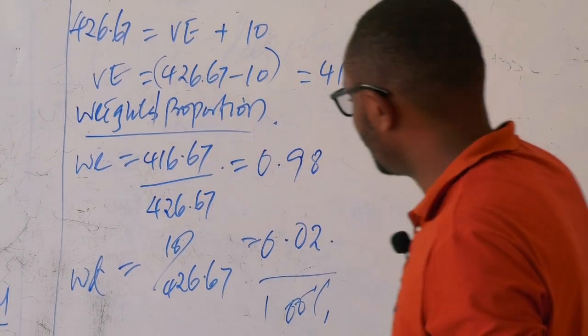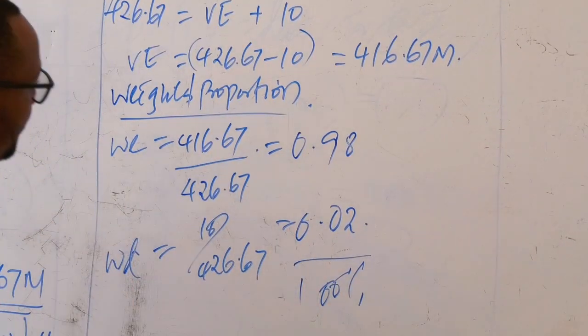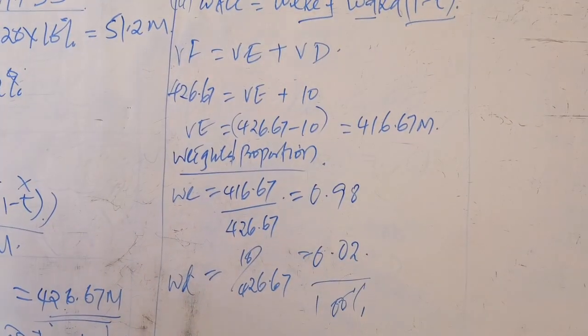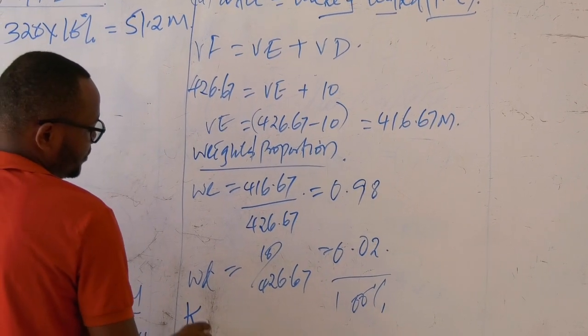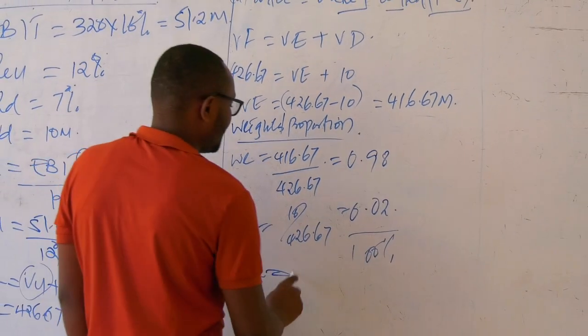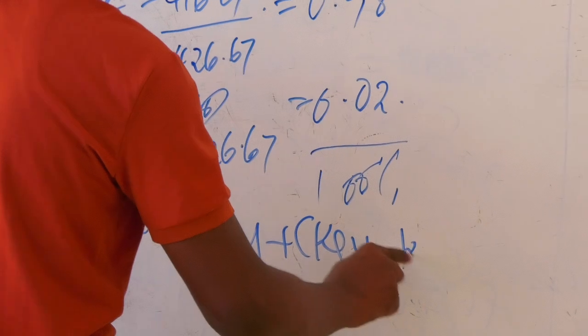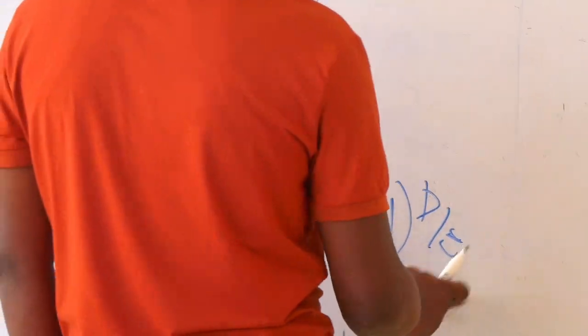Then after that, there is something else we need to check. There is this component we don't have, the cost of equity of that firm. Cost of equity of a levered firm is given by Ku plus Ku in brackets, Ku minus cost of debt, times debt over equity. We don't have tax components.